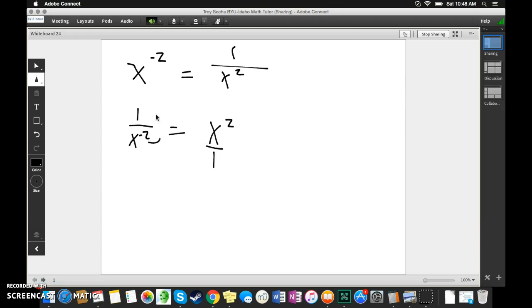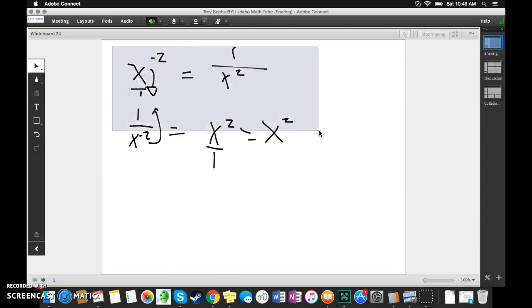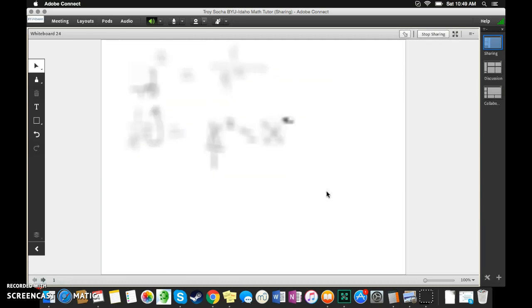Just take this and move it up one level. Take this and move it down a level, right? Anything over 1 is itself, so this also equals x to the z. But that rule is why negative exponents don't produce negative numbers.